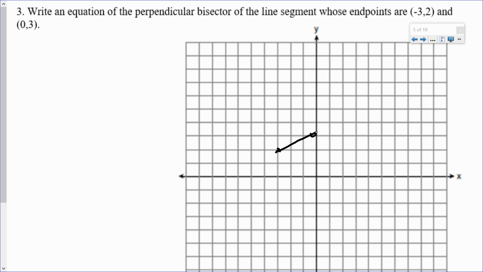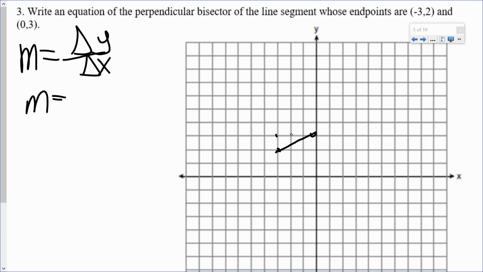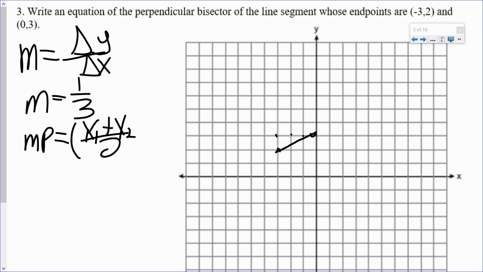To find the perpendicular bisector, first I'm going to find slope. That would be 1/3. Then I'm going to find midpoint, which is x1 plus x2 over 2, comma y1 plus y2 over 2.